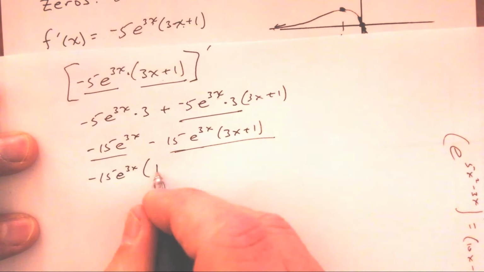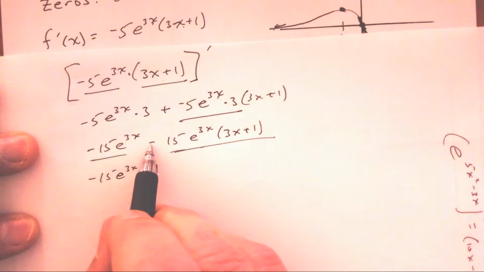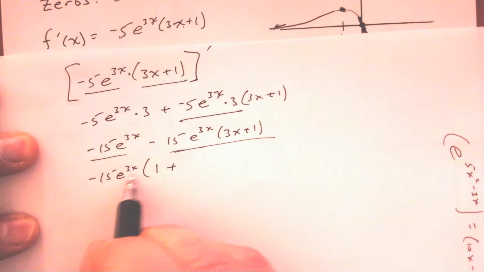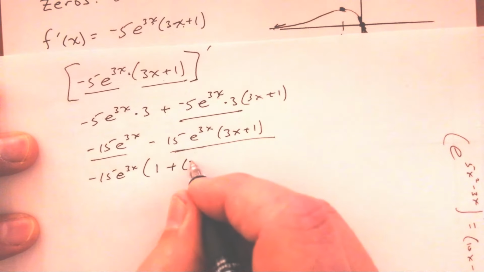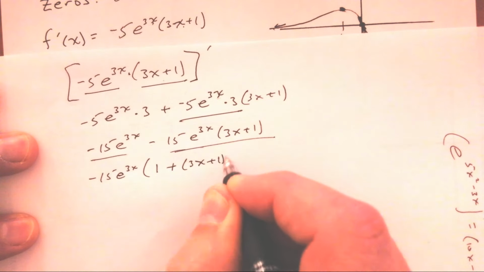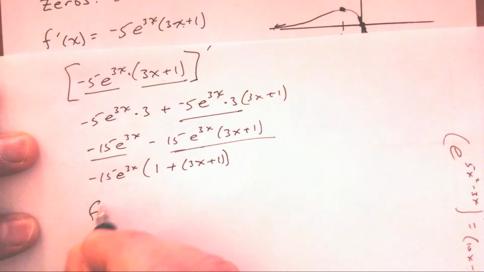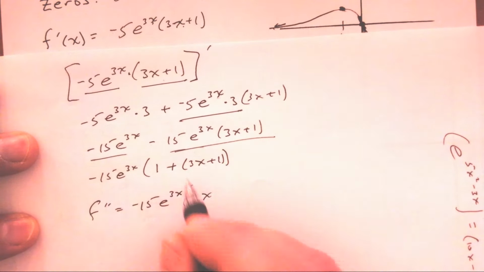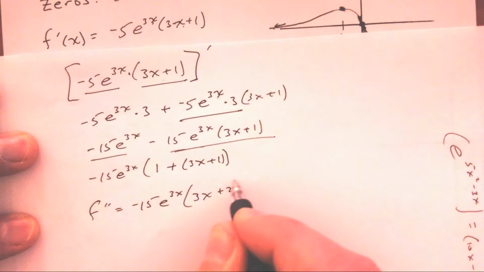I'm left with just a 1. I factored out the negative 15 e to the 3x. I did not factor out the 3x plus 1. So my second derivative I'm claiming is negative 15 e to the 3x times 3x plus 2.